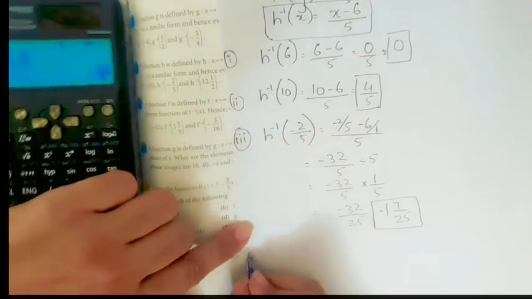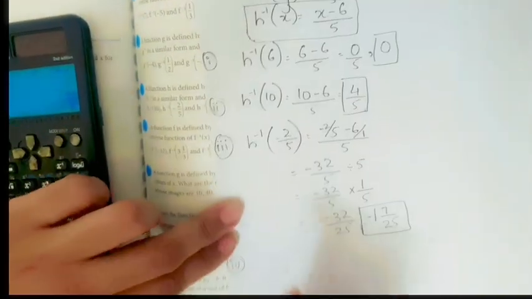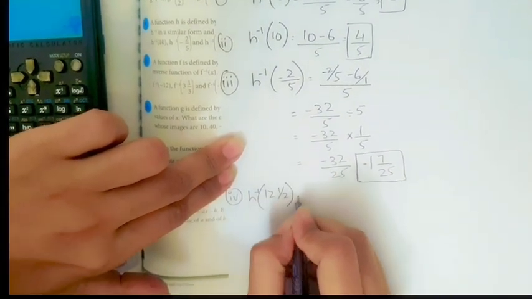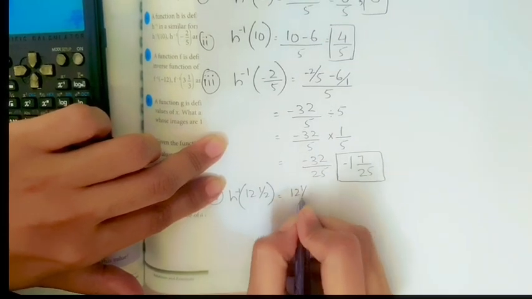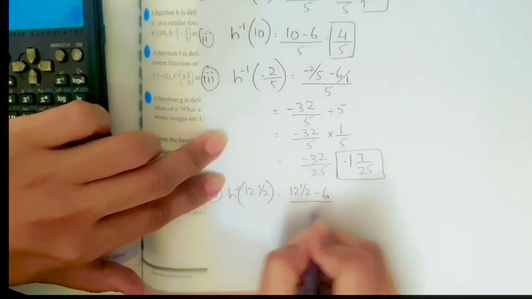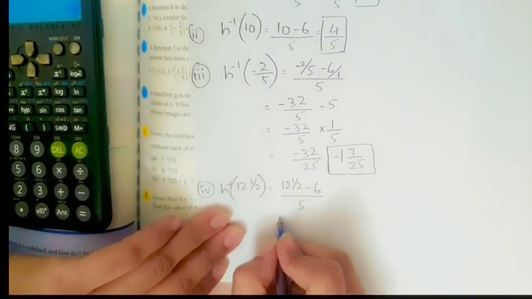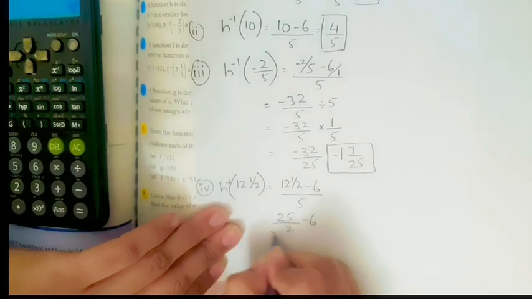Okay, now the fourth part is 12 whole 1 upon 2. H inverse of 12 whole 1 upon 2, it means we have to use 12 whole 1 upon 2 in place of x. So 12 whole 1 upon 2 minus 6 upon 5, or we can say 12 times 2 is 24, plus 1, 25 upon 2, minus 6, divided by 5.